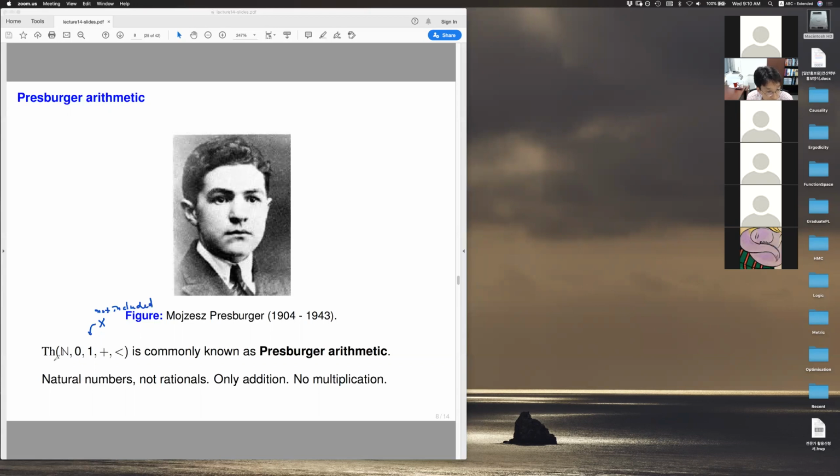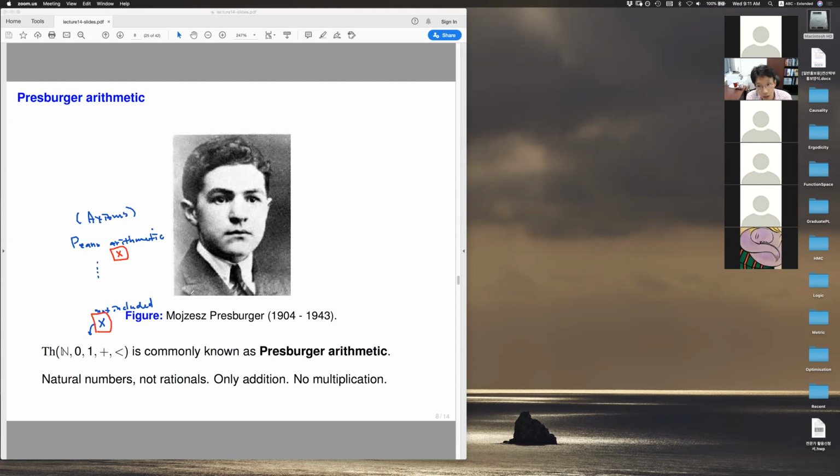The key difference between this theory and the one that we saw before, which is called Peano arithmetic, which we studied based on the axioms. But whether it's specified by axioms or by the structure is secondary. The most important part is that Peano arithmetic includes multiplication, while Presburger arithmetic doesn't.